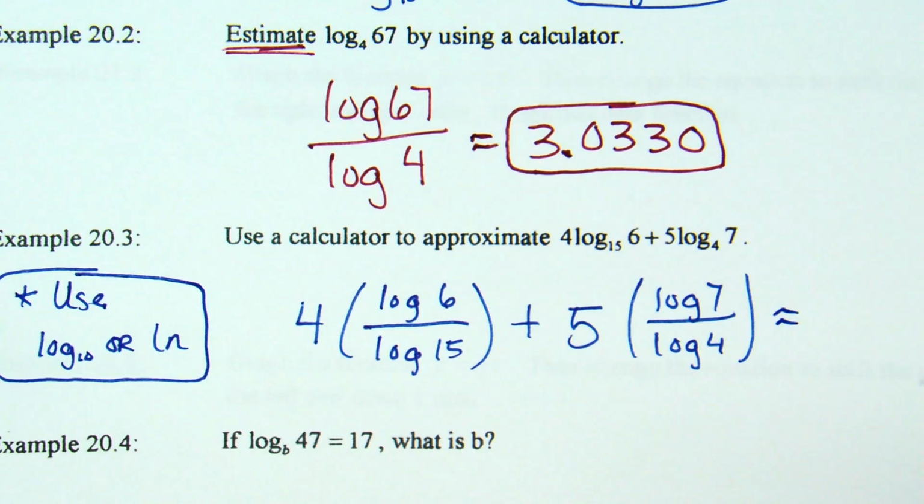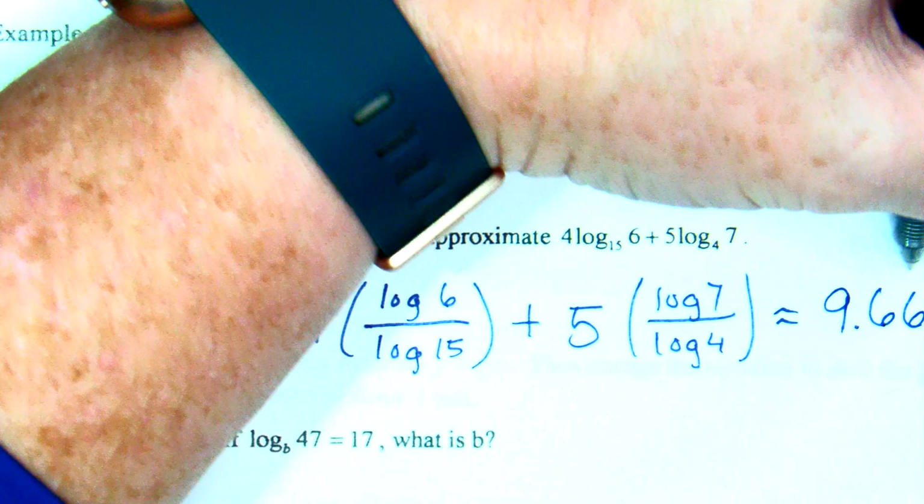Okay. If log base B of 47 equals 17, what is B? Thoughts? Left, right, middle.